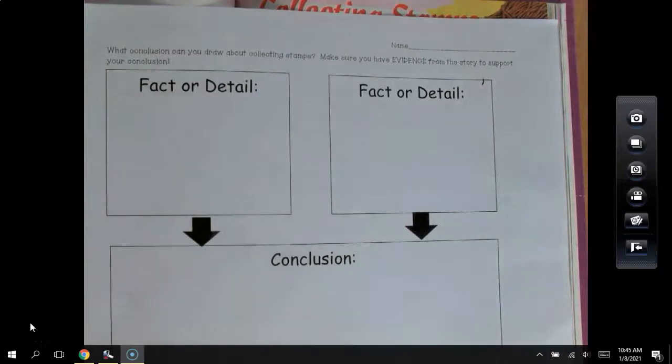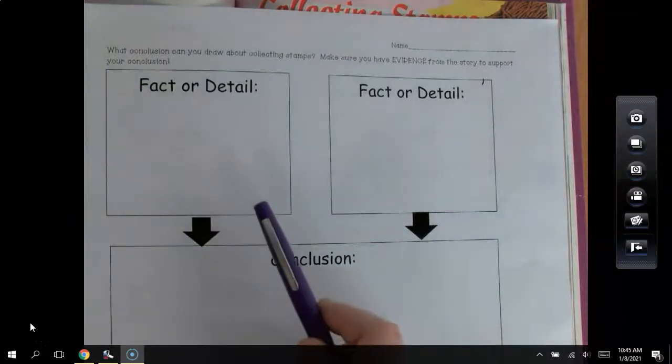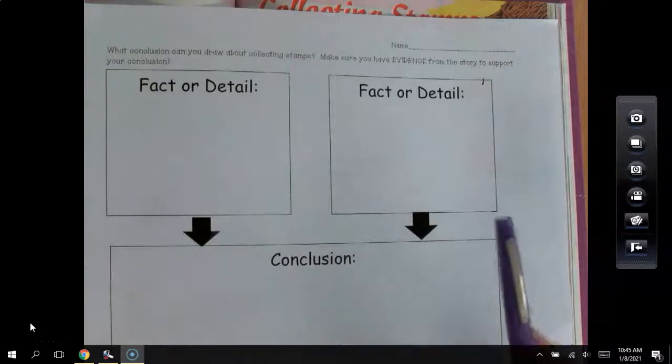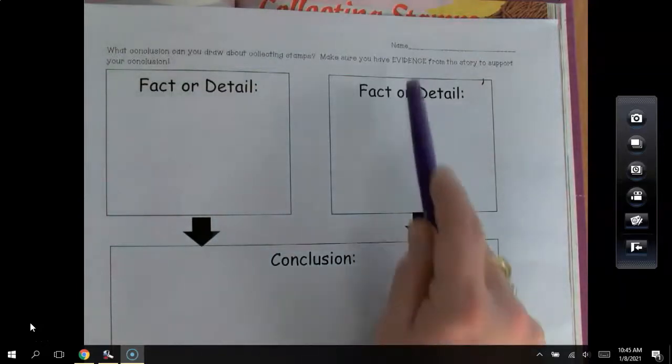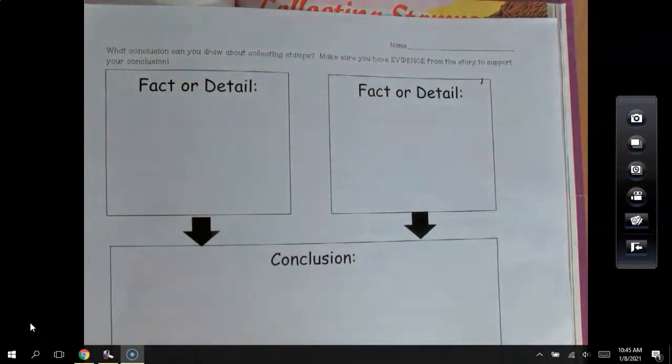So we're going to write facts or details that we found in our story that will give us a conclusion. So we need to figure out what conclusion can we draw about collecting stamps. Make sure you have evidence from the story to support your conclusion.